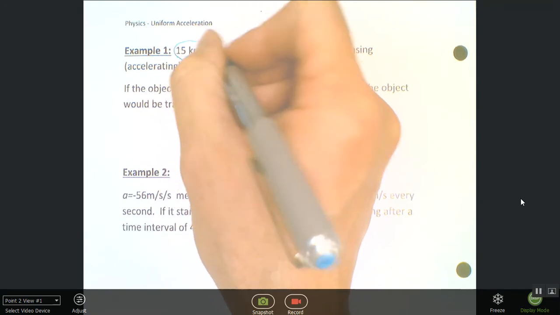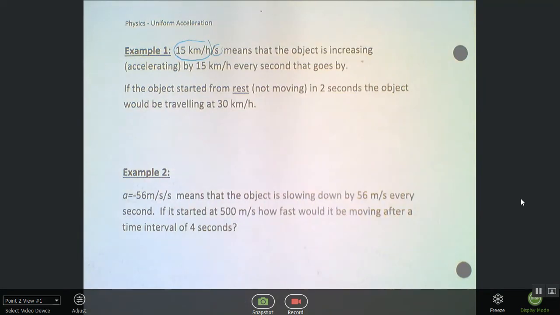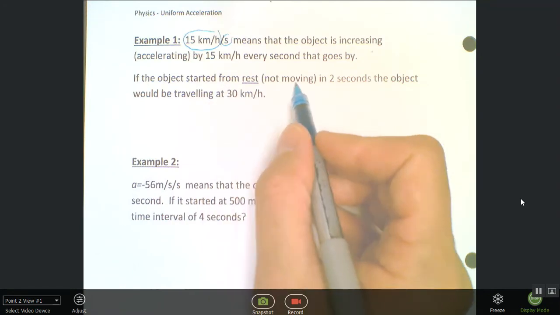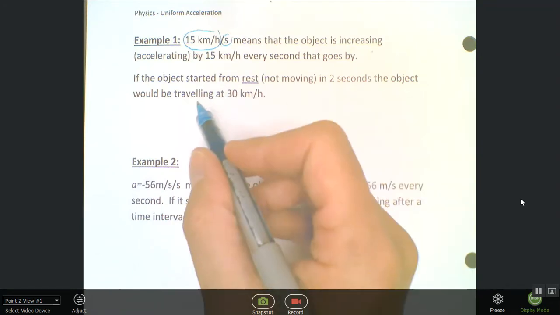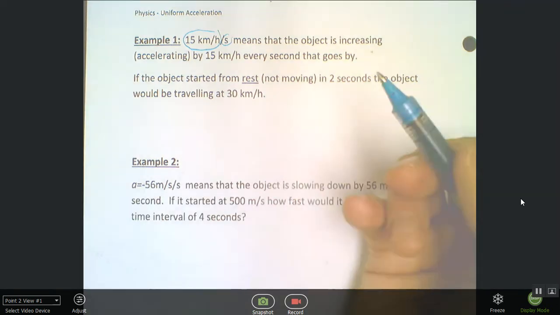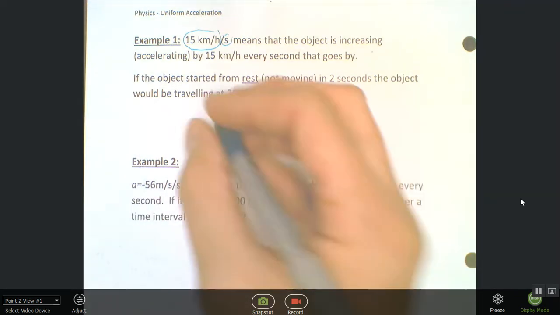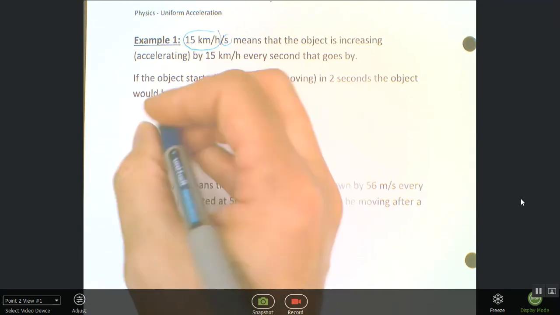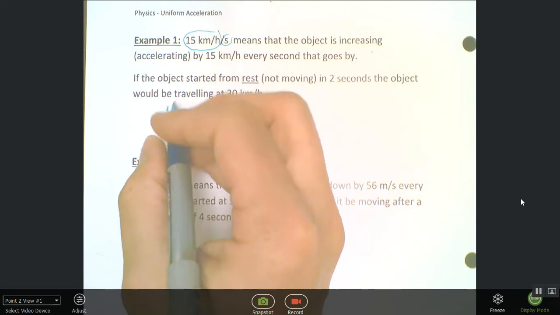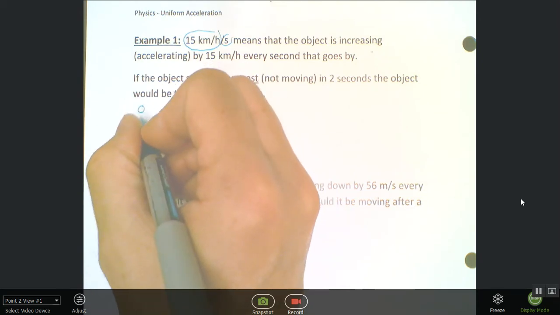Now it says here, if this object started at rest, which was not moving, and in 2 seconds the object is traveling at 30 kilometers per hour. That makes sense. If you look at it, it starts at 0 seconds, the object's not moving.